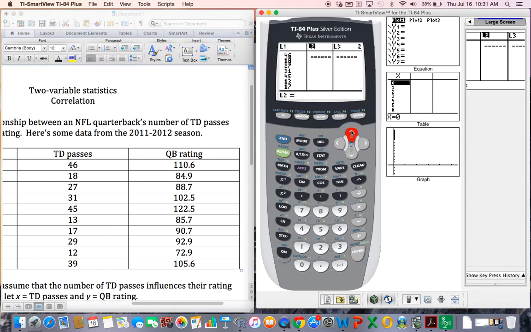All right, now when I go put my data in, the value for this 46, 110.6, has to be on that line. 84.9 has to be on the line with the 18. These are ordered pairs. 27, 88.7 has to go with the 27. 31, 102.5.